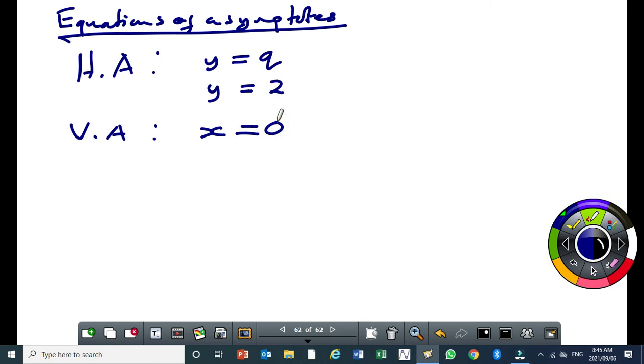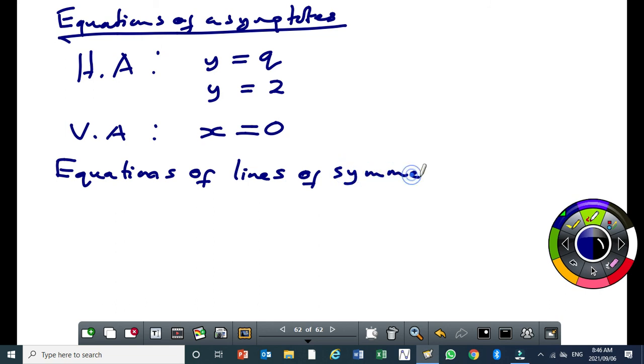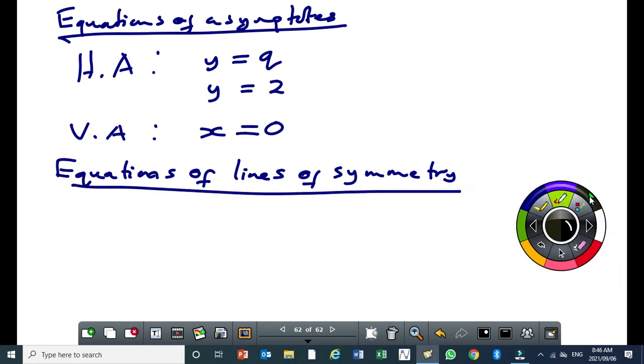Then we also have the equations of lines of symmetry. Okay, you can call them lines of symmetry or axes of symmetry, okay? So, alright, I gave you the basic equations.